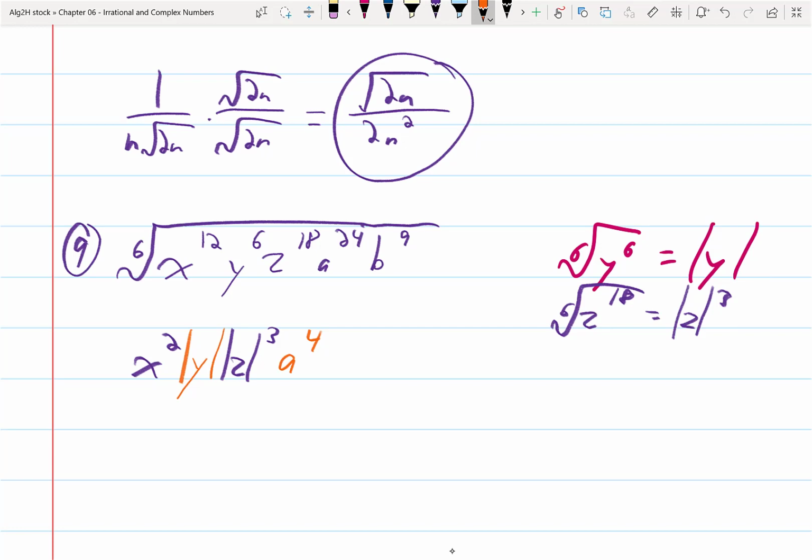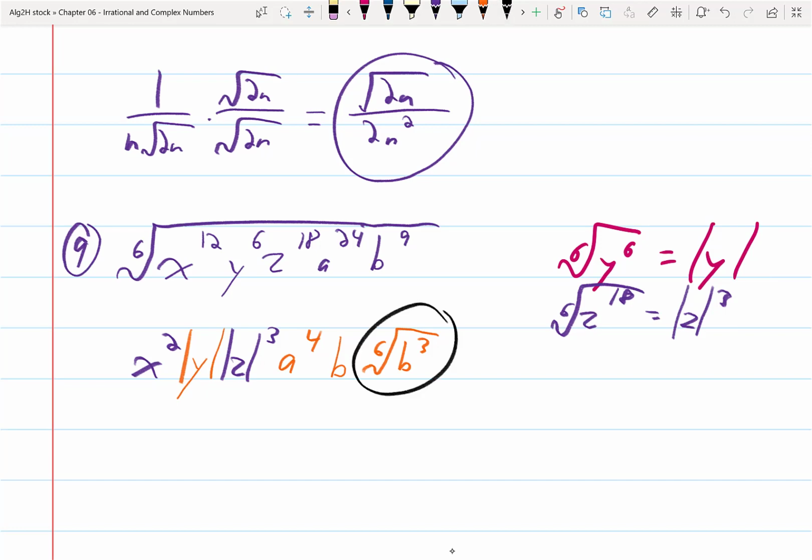We're okay. And finally, b to the 9th, 6th rooted. Well, I know that that means that a single b can come out, and then I'm going to be left with 3 b's inside, b cubed and 6th rooted. Well, I don't need to worry about any absolute values there because b could not be negative.